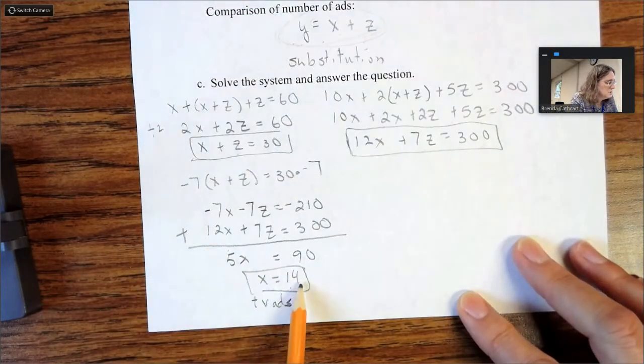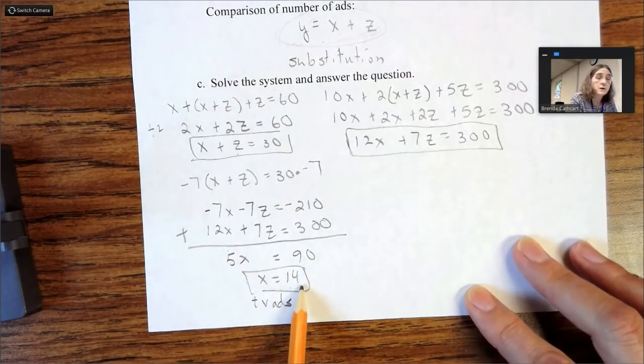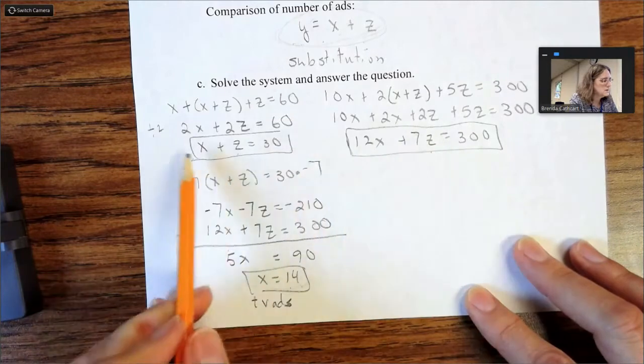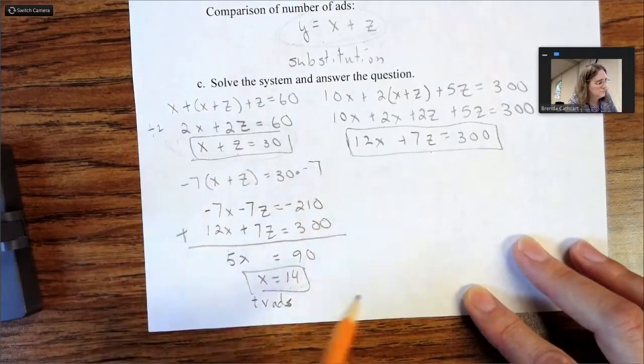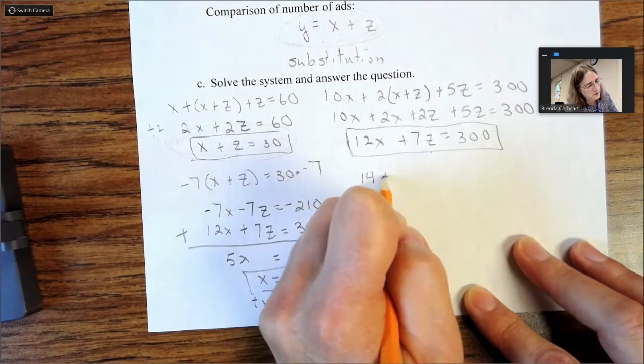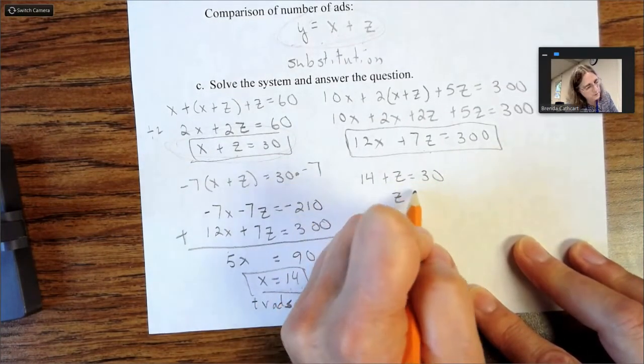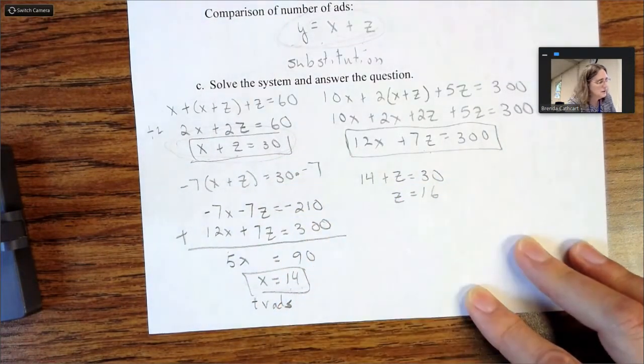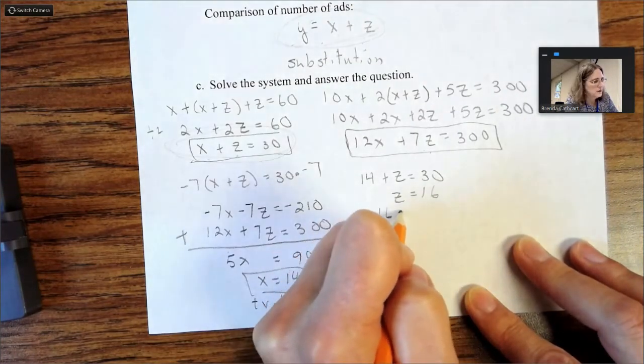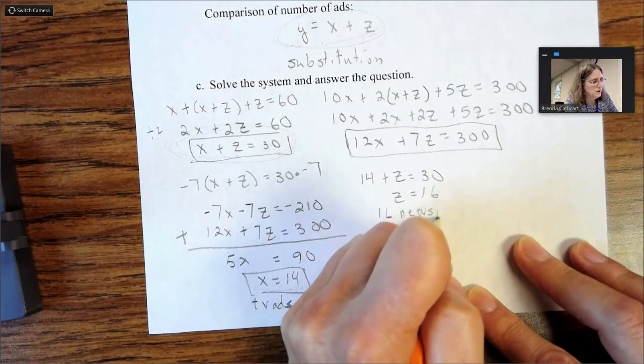Let's substitute this back into one of the equations with just x and z. You can use this one: 14 plus z equals 30. Subtracting 14 from both sides, z is 16. And z, if we remember, was the number of newspaper ads, so we have 16 newspaper ads.